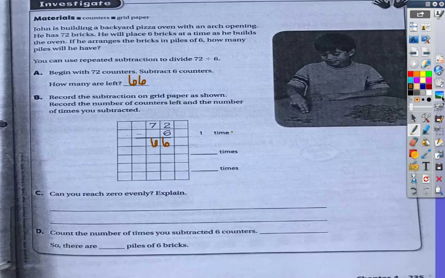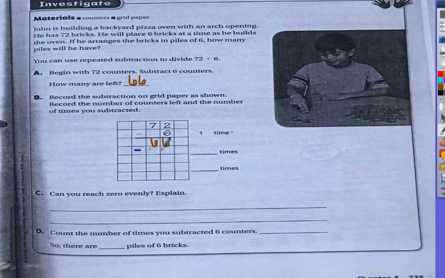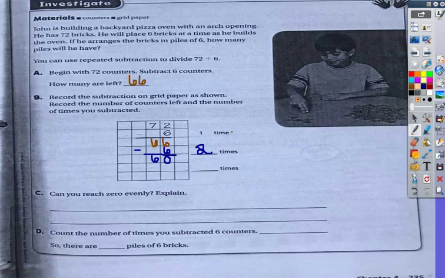Then the second, we're going to subtract another 6, and that answer is going to be 60. So we subtracted 2 times. And then we're going to subtract again because we haven't got rid of 72.